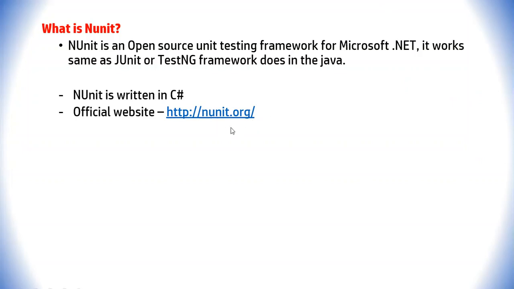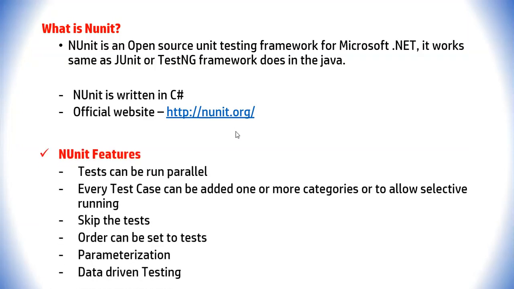So this is the official website of the NUnit framework. These are the features which are available under the NUnit testing framework. The first one is you can run your tests in parallel, and you can categorize your test cases, say for example, if you want to group test cases like smoke testing or regression testing or user acceptance testing.